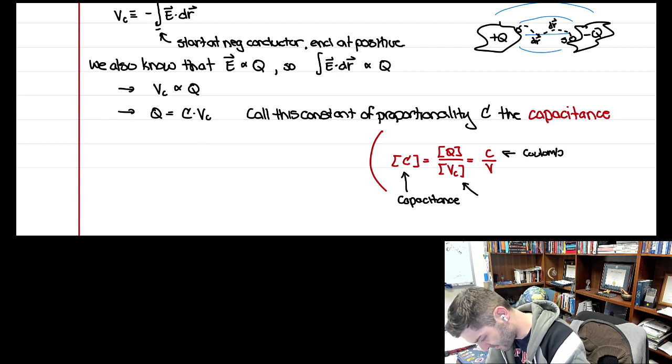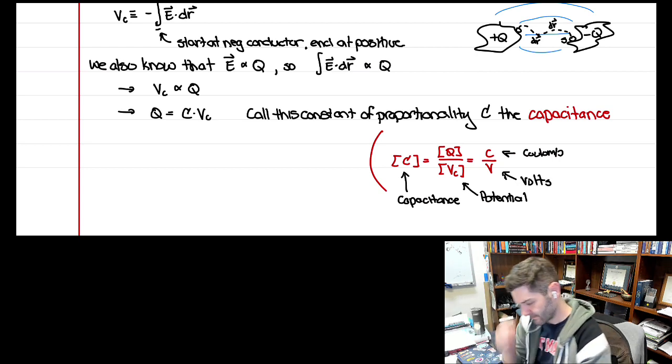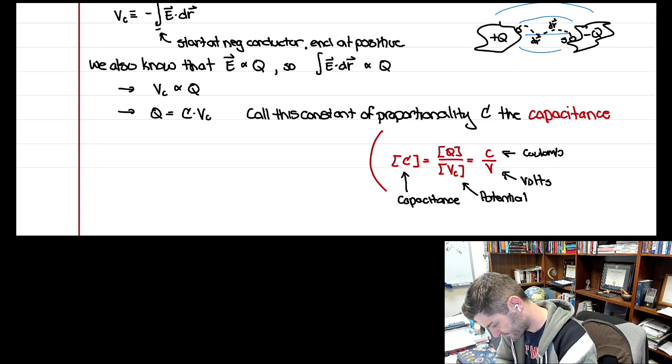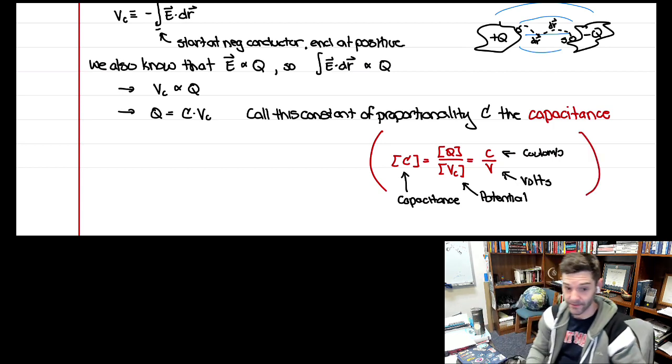This symbol is talking about potential, but this symbol here is the unit for potential, which is volts. Kind of unfortunate. We're simply running out of letters.